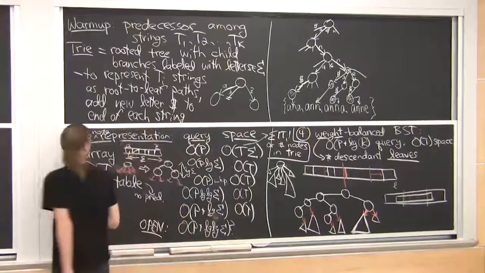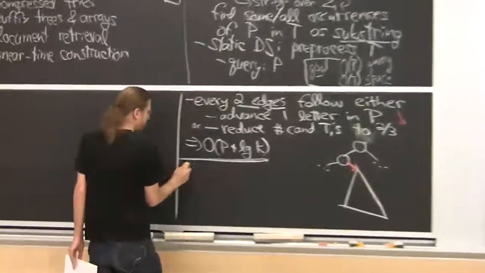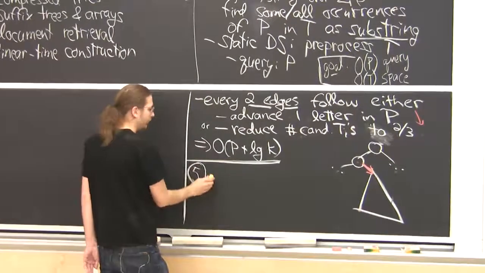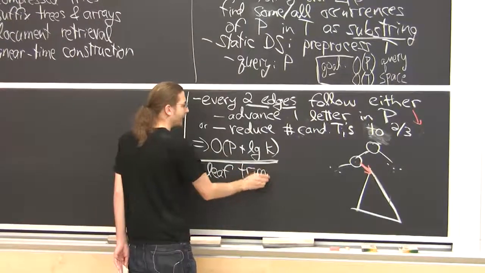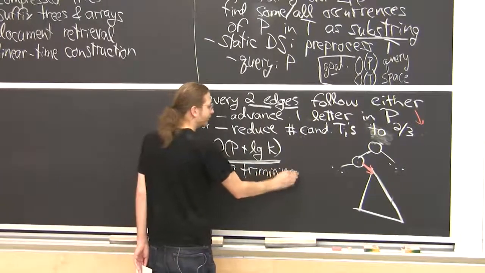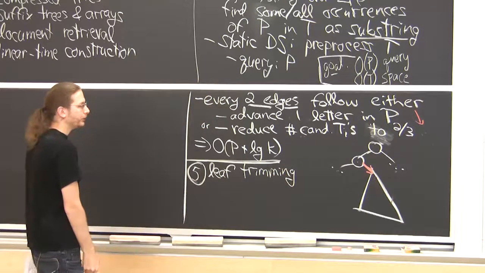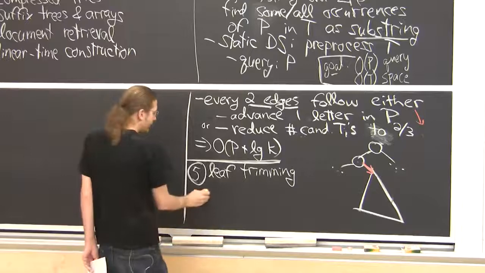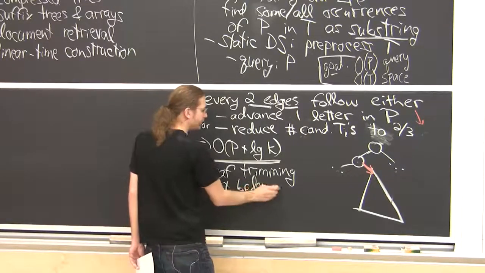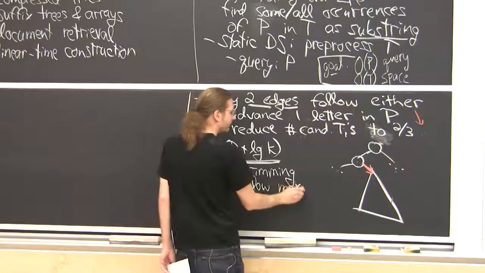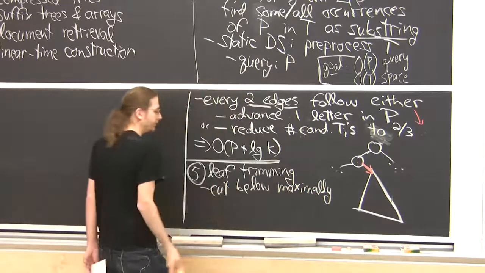But that's where method 5 comes in, which is our good friend from last class, leaf trimming. Indirection. So we're going to use this idea of cutting below maximally deep nodes with the right number of descendants in them.